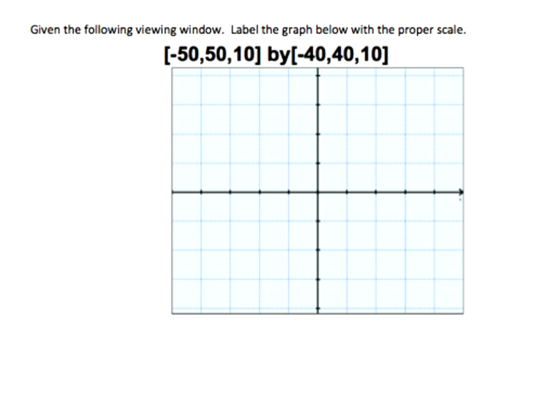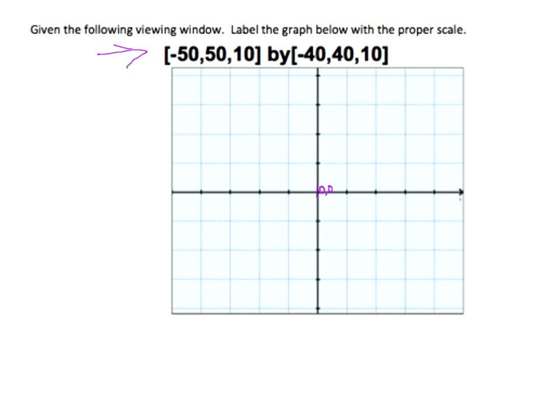All right, so I wanted to just kind of let you test your knowledge on the viewing window here. So take a few seconds and see if you can use the notation here to label the scale on the graph here. I'll give you a hint.